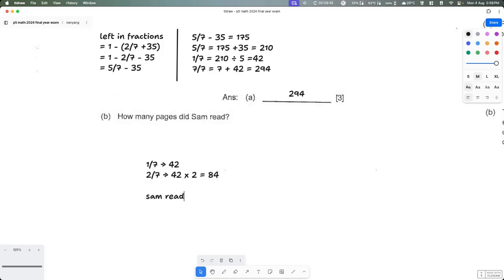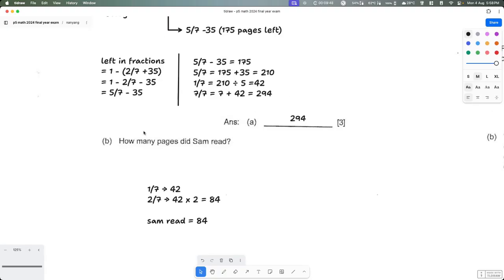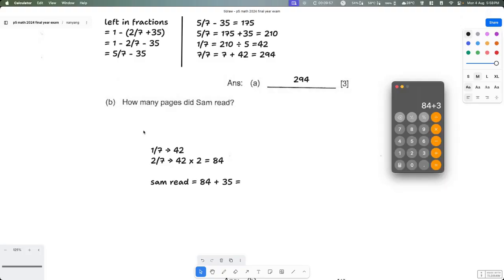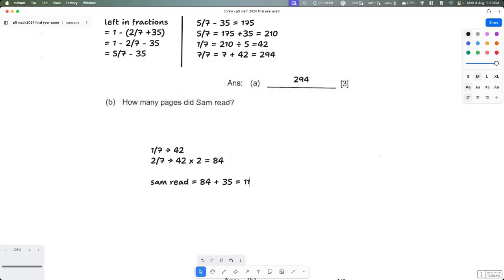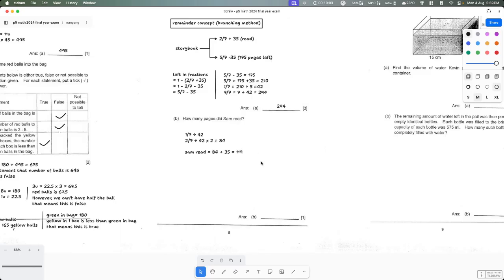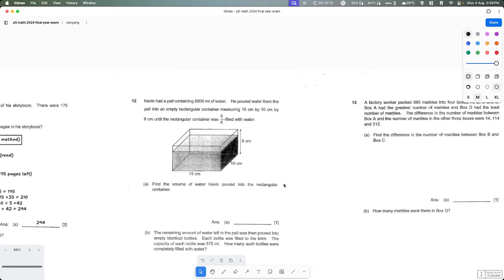Then we'll see 84 plus 35. Let's use the calculator. 84 plus 35 will give us 119. There you go. So the answer is 119 pages. Alrighty, let's move on to the next question.